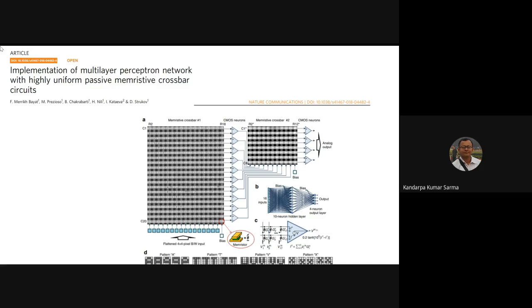I don't know much regarding this person, but this work was reported in a very reputed journal just a few months back. They have done very good work, and they have used passive memristive crossbar circuits to design multi-layer perceptron structures.